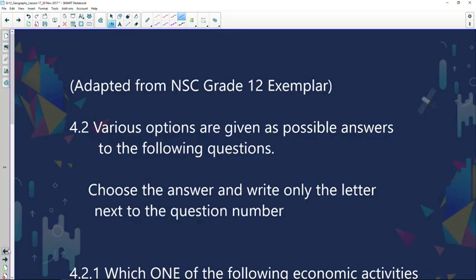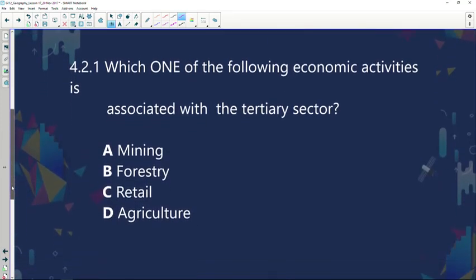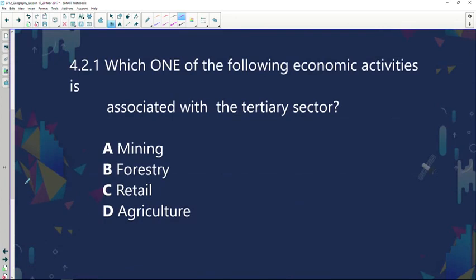4.2. Various options are given as possible answers to the following questions. Choose the answer and write only the letter next to the question number. So it's multiple choice that's being asked here. Which one of the following economic activities is associated with the tertiary sector? There's your key word.